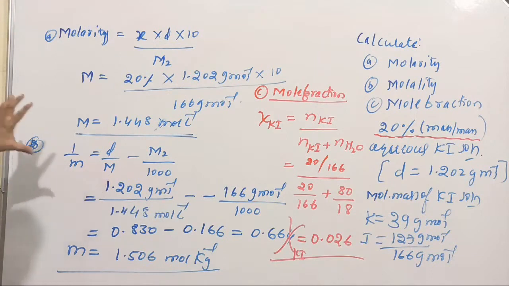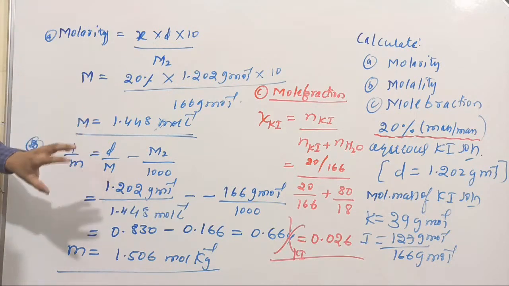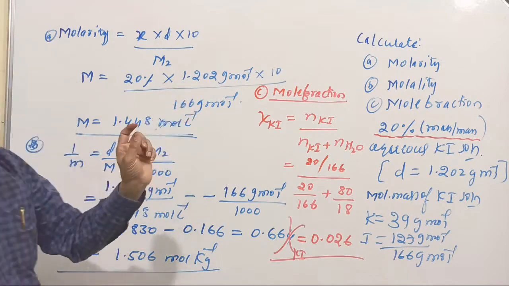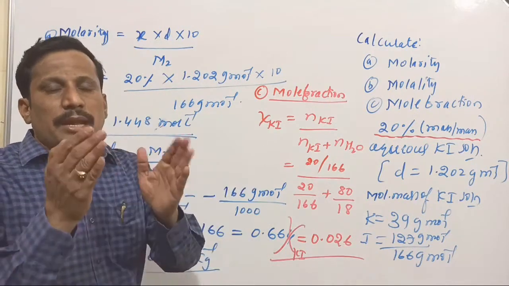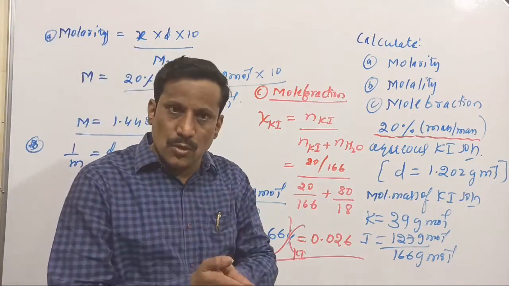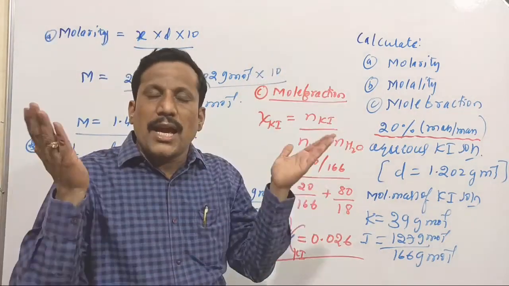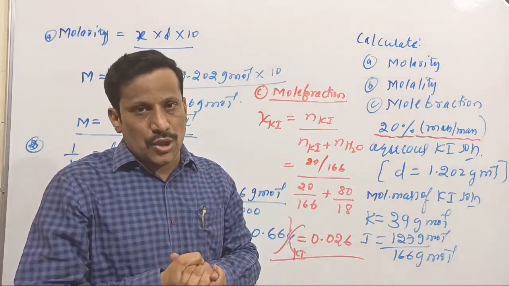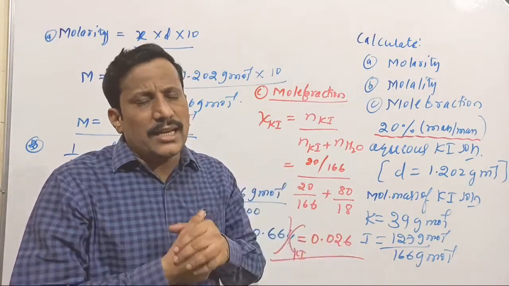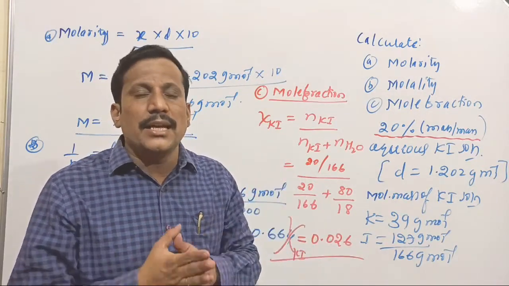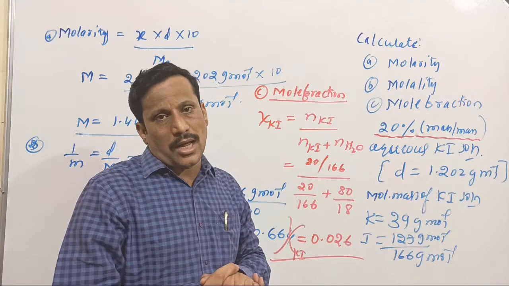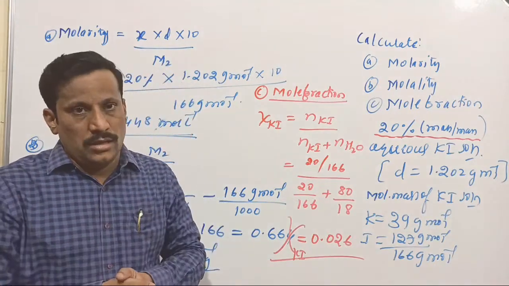So using different expressions I am solving this. Right? Let me explain once again. What is their question? There is a 20% potassium iodide solution in a container. Its density is given as 1.202 gram per ml.